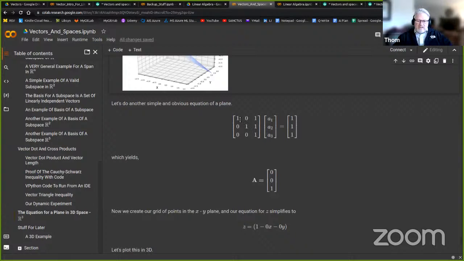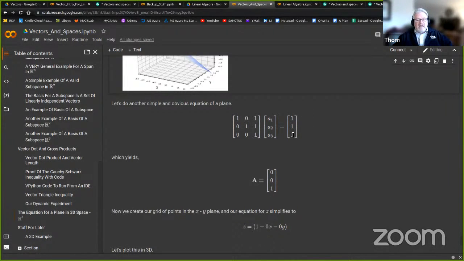So what am I saying here? Here's 3 points. If I'm at X equals 1 and Z equals 1, and Y equals 1 and Z equals 1, and X and Y equals 0 and Z still equals 1, well, that's just a flat plane lying above the XY plane at a height of Z equals 1.